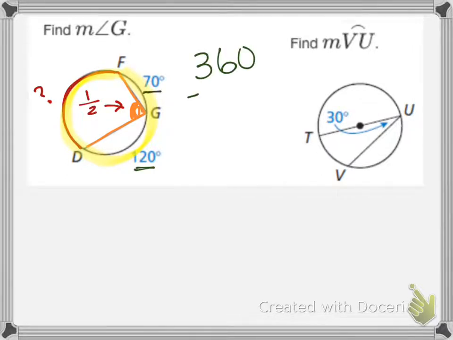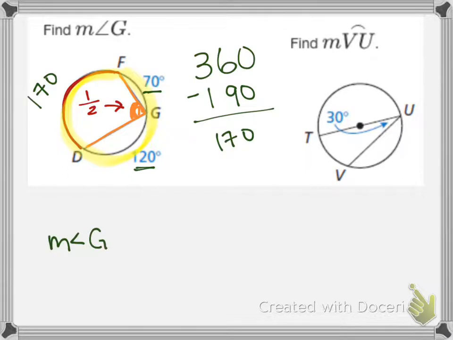So we could subtract what we already have, which is 70 plus 120, which is 190. So the arc is 170. So that means the measure of angle G will be half of 170, which is 85 degrees.